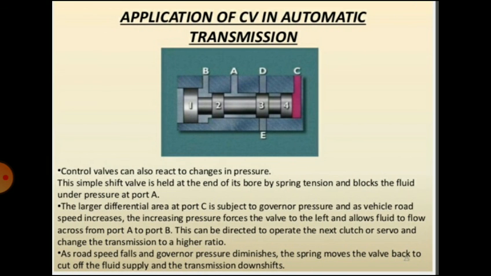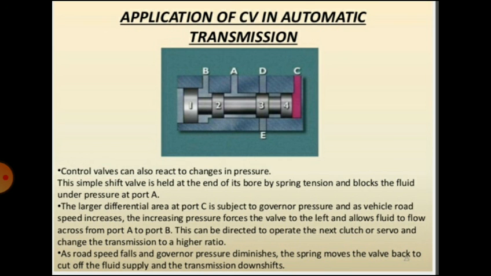Then the application of control valves in automatic transmission is given. So control valves can also react to changes in pressure. This simple shift valve is held at the end of the bore by spring tension and blocks the fluid under pressure at port A. That is the application in automatic transmission.